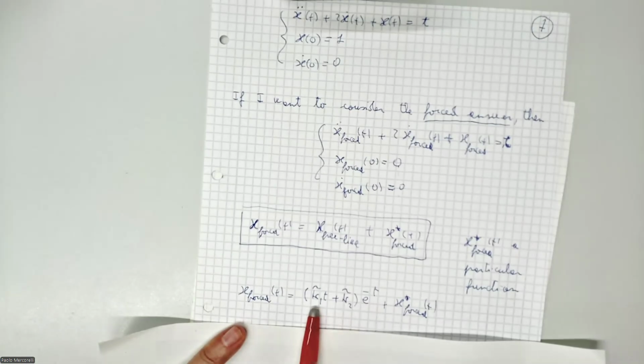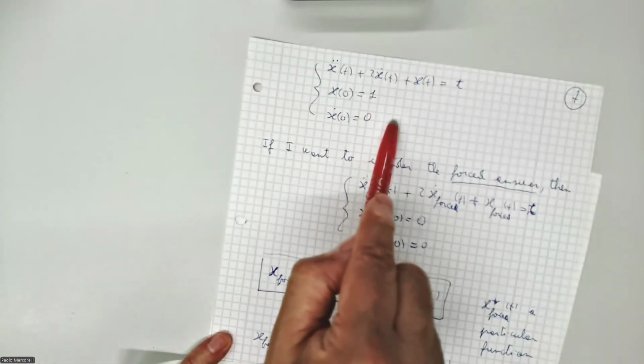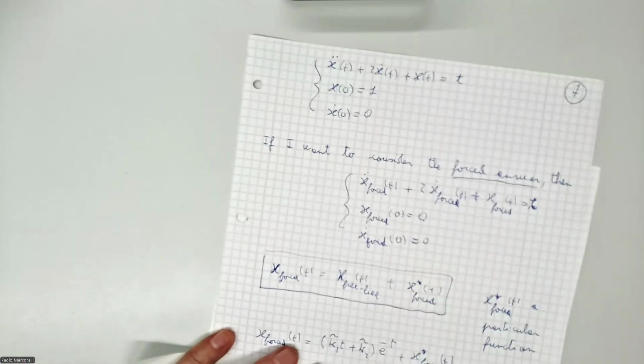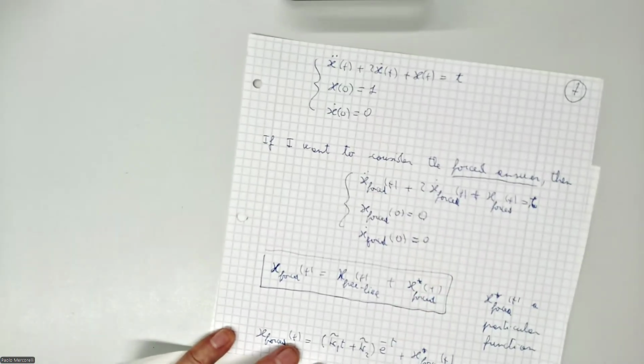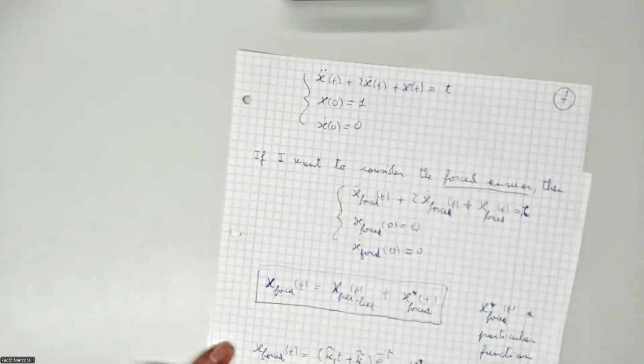I called them here K1 tilde, K2 tilde, because now the problem is not considering 1, 0, but 0, 0. But not only that, because we also have the presence of this in the X4. Then we have to find here, basically, X4 star, which satisfies this. Try to do it at home.